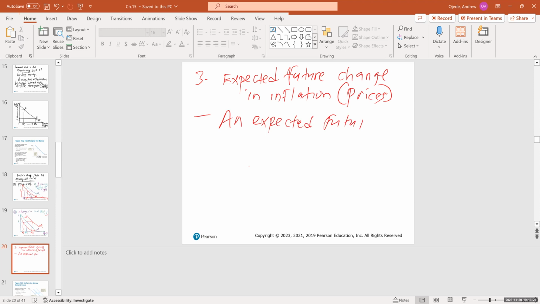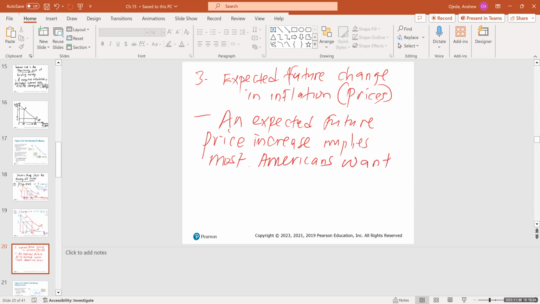So when Americans are expecting a future price increase, it implies most Americans want to buy today, when goods are still cheap.